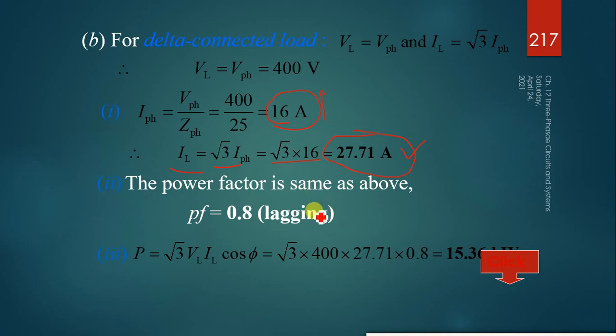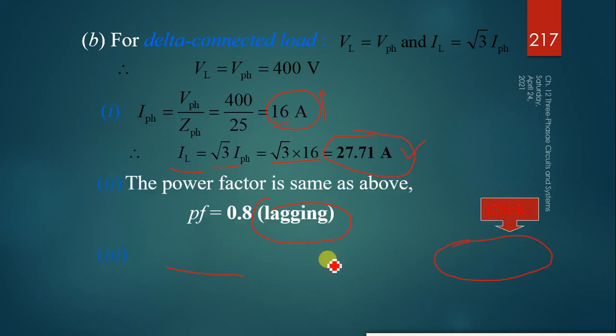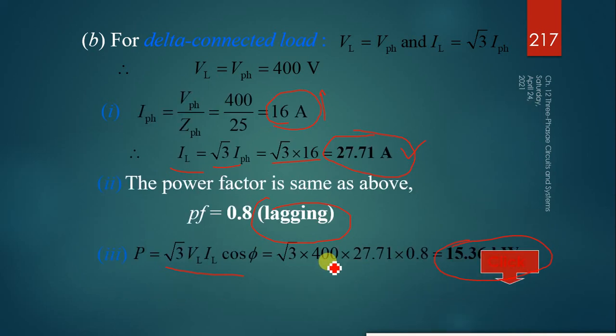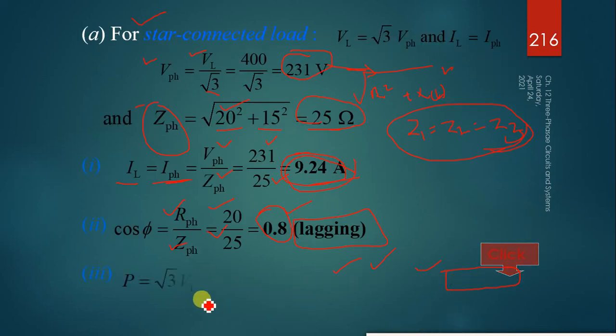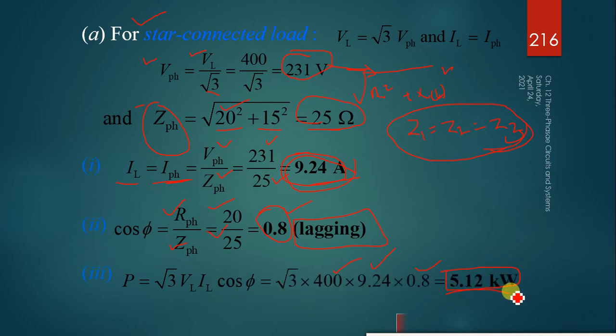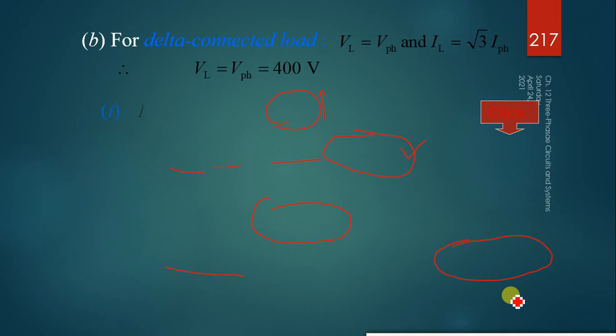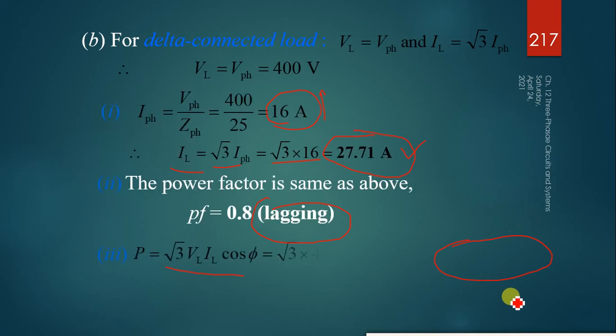Similarly, it is the same power factor, no need to do it once again. So what is the power value here? Power is VL IL cos phi, which comes to 15.36 kilowatts. Is the load balanced in the case of delta?